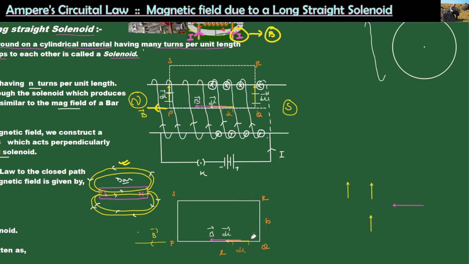Similarly, using the same concept, at this particular point we can consider this as the element, let this be the element dl. And along this arm PS also, let dl be the element.